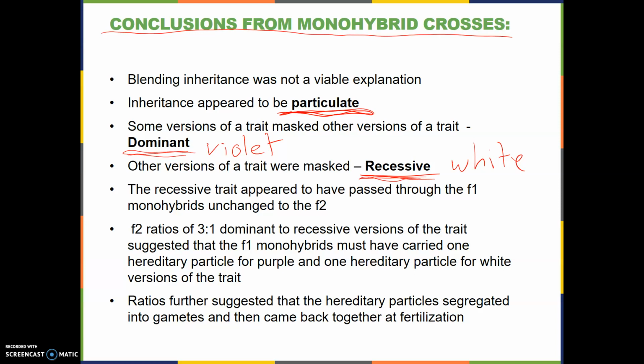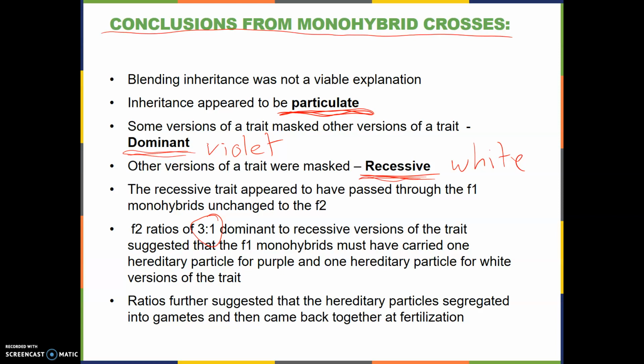We see that a lot, and that means the trait is probably recessive when it skips a generation. And the F2 ratio of 3-to-1, 3 dominant offspring to every 1 recessive offspring, suggested that the monohybrids must have carried 1 hereditary particle for purple or violet and 1 hereditary particle for white. What we would say now is that the F1 offspring had a purple gene and a white gene.